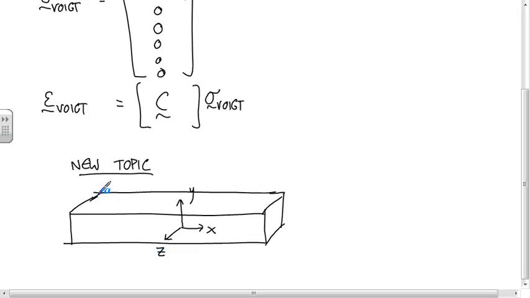How can you deform this beam? Well, you could elongate or compress along any of these three axes. So that's three possible loading types, right? And then you could also have bending moments about any of these three axes. If you think about it that way, we have talked about how to deal with every type of loading pattern you could apply to this member, except one.